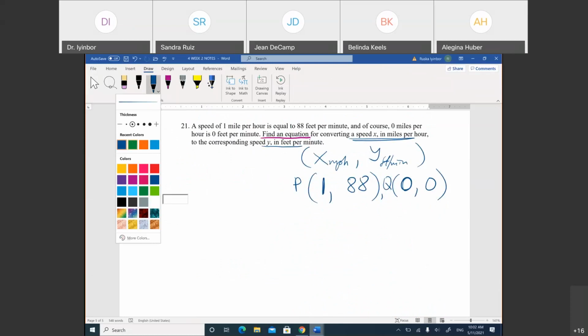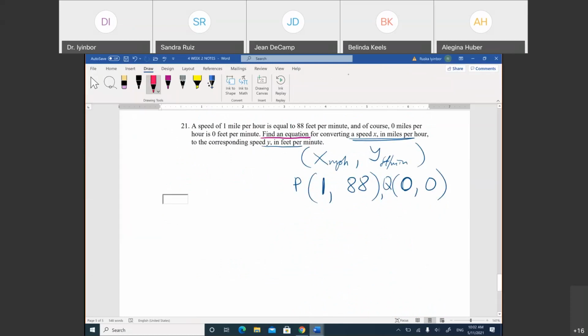So we're going to have x1, y1, x2, y2. And you're going to plug it into the slope formula. M equals y2 minus y1, so that's 88 minus 0. I'm sorry, it's backwards, the way it is.